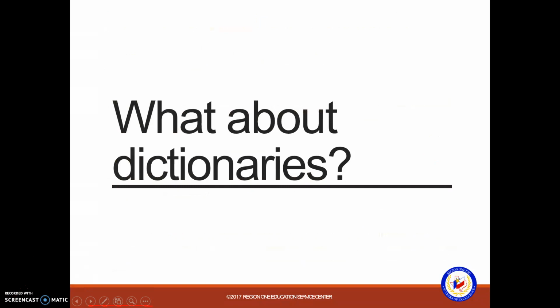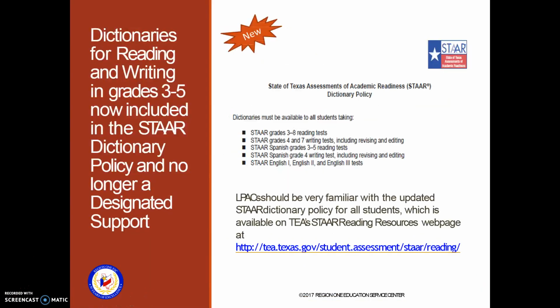What about dictionaries? New for this year, dictionaries for reading and writing in grades 3 to 5 are not included in the STAR dictionary policy and are no longer a designated support.